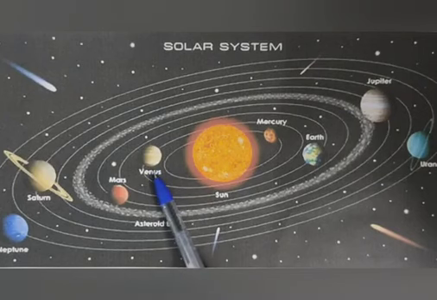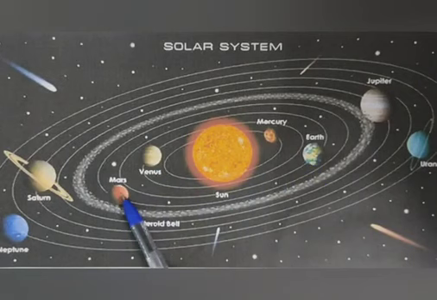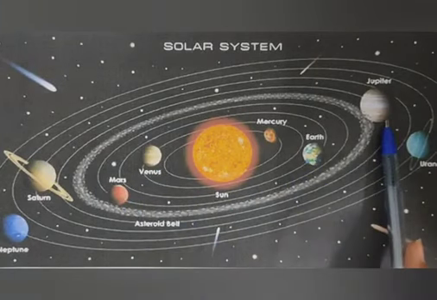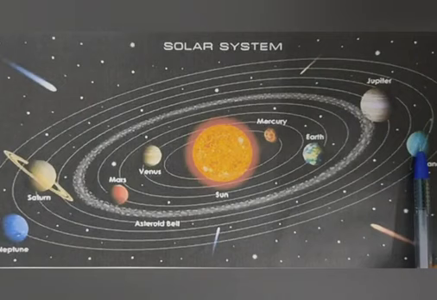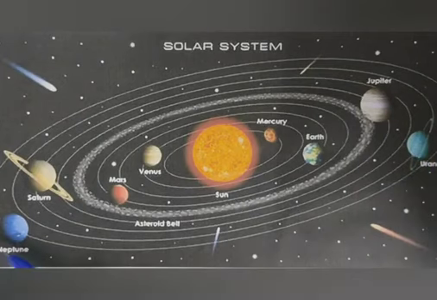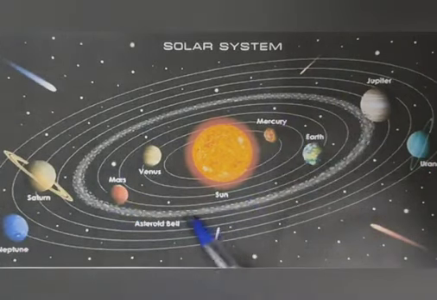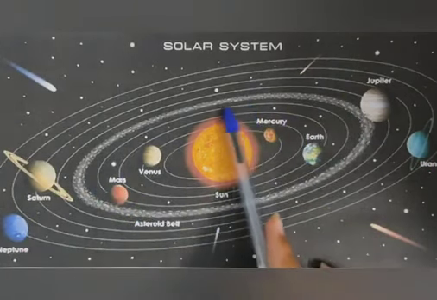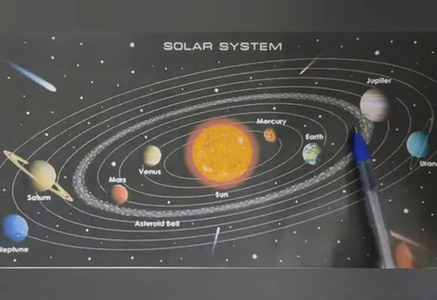After that Earth, Mars, Jupiter, and then Saturn, Uranus, and after that Neptune. These are the 8 planets which revolve around the sun. And this band is called the asteroid belt.